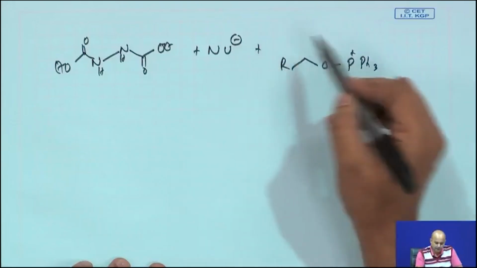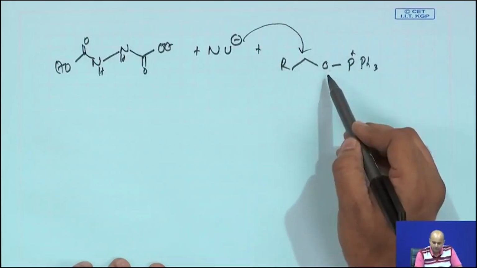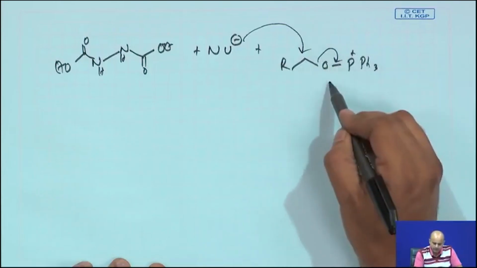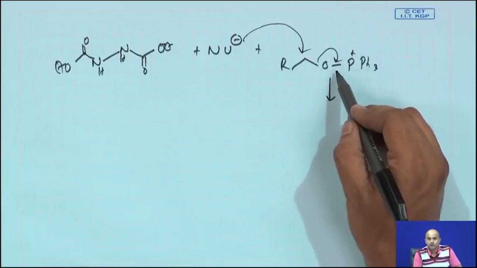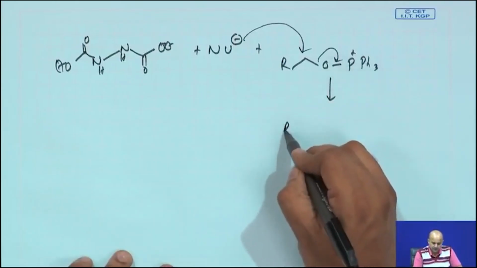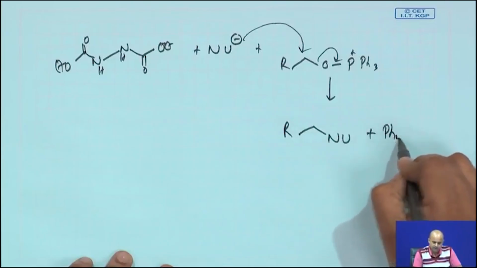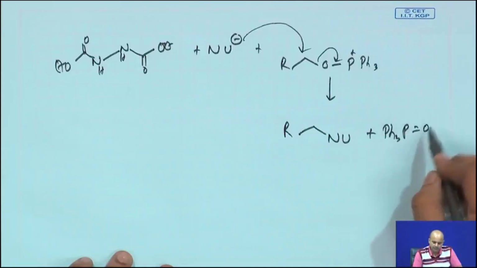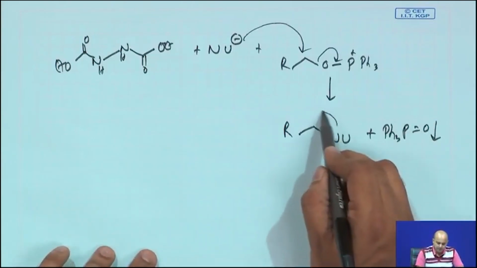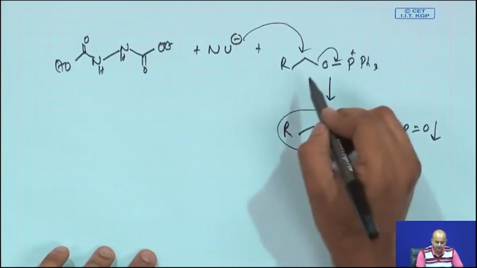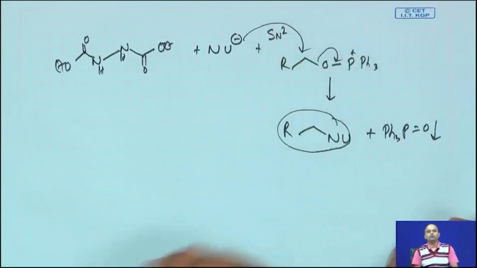Then this nucleophile attacks through a backside attack of this carbon-oxygen bond and gives you a phosphorus-oxygen bond. So, phosphorus-oxygen bond is much more energetically favorable and then basically you get RCH2Nu plus triphenylphosphine oxide as a byproduct, which comes as a solid. So, in reality you basically get these things and this is your SN2 step, which is your Mitsunobu inversion.